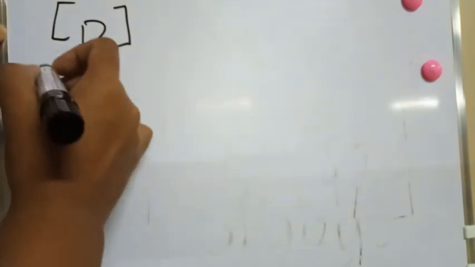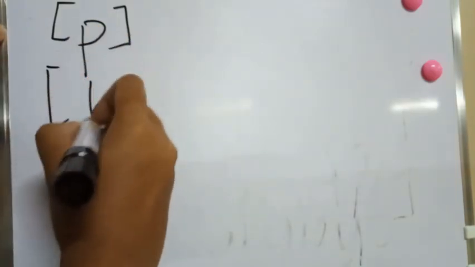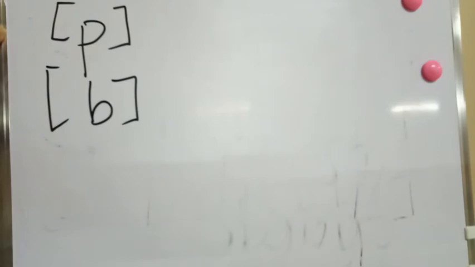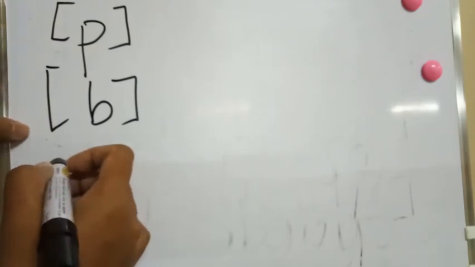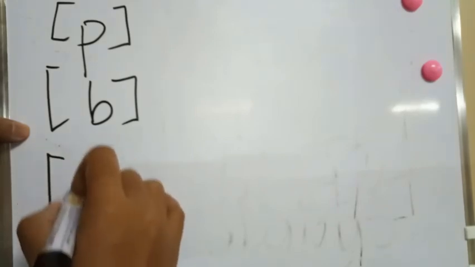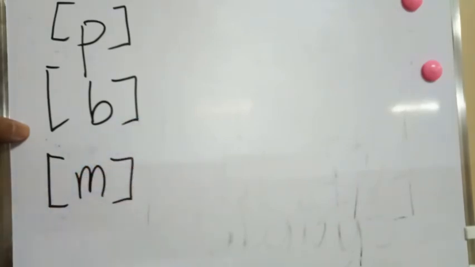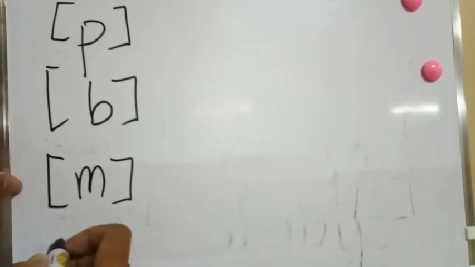You pronounce that as p. Then we have this symbol, b. Then we have m. This symbol is m.